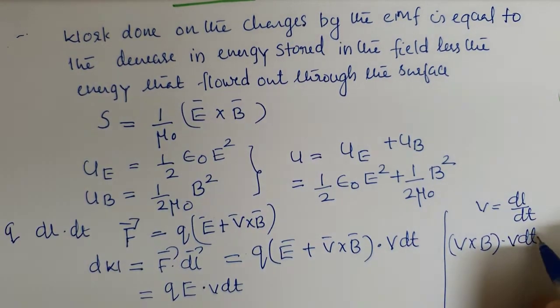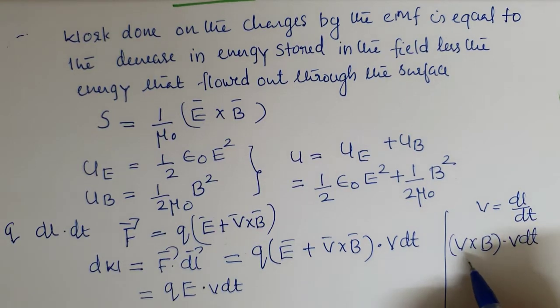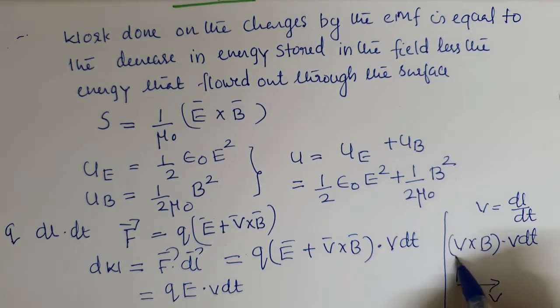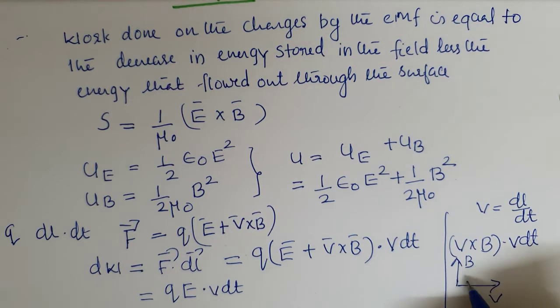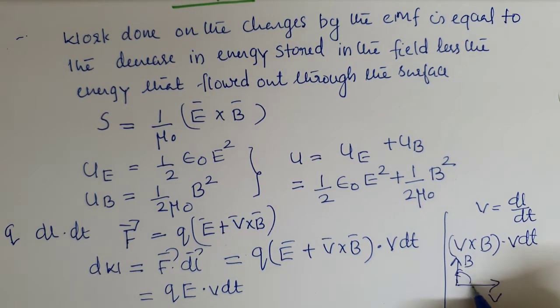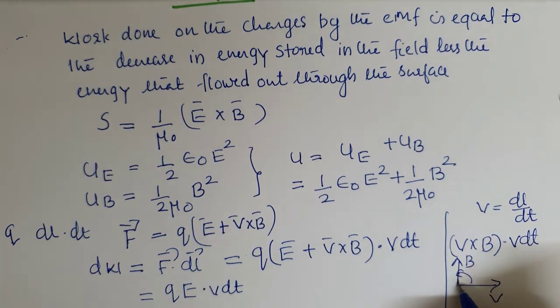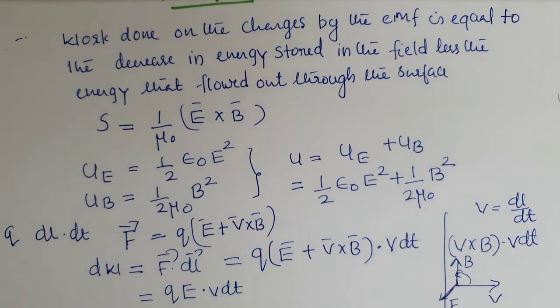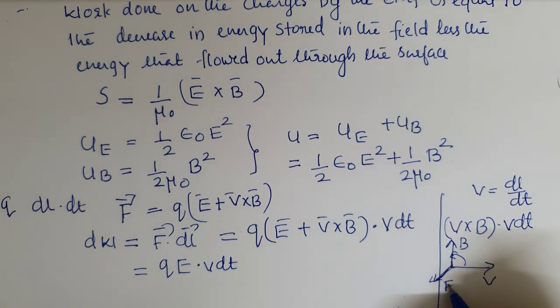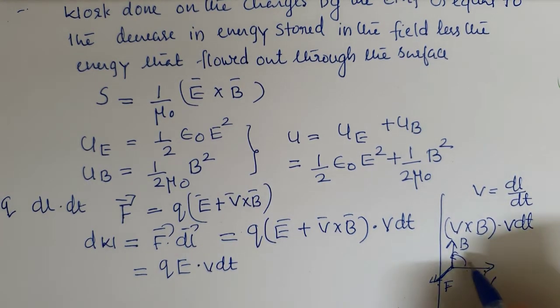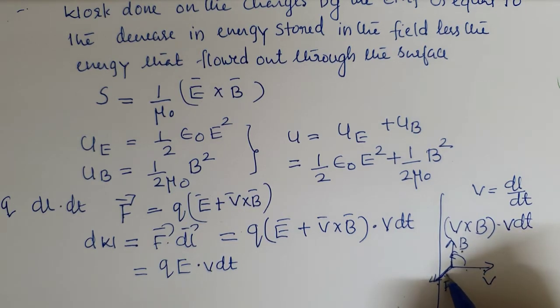But we know that in the case of a magnetic force, if this is the velocity of the particle and this is the magnetic field, then V cross B gives a force perpendicular to V. The particle is moving in this direction, and there will not be any displacement of the particle along the direction of the force.